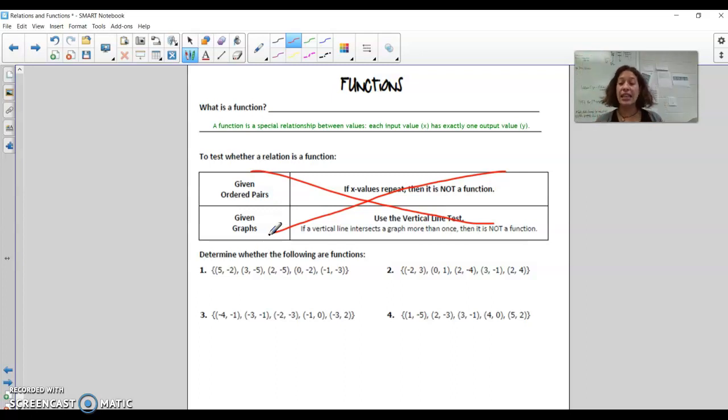So if you see a 2 pop out a 5, and then you see 2 again and it pops out a 27, you know that it's not a function. It's just going to be a relation, a set of random points.